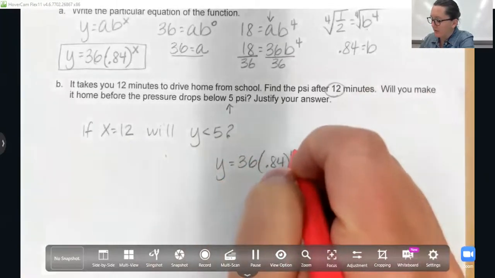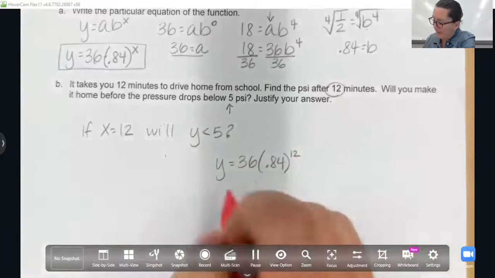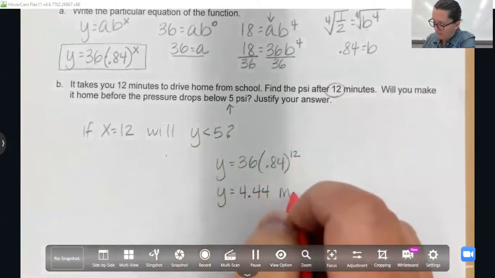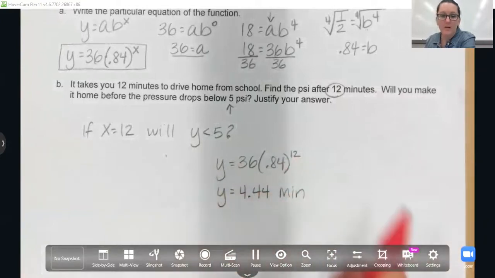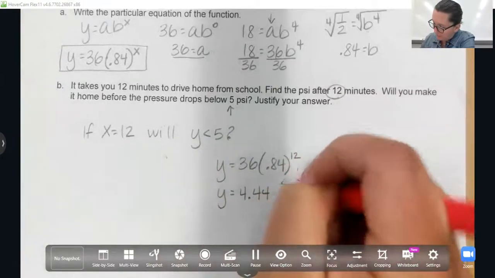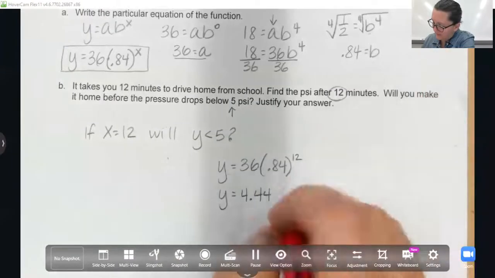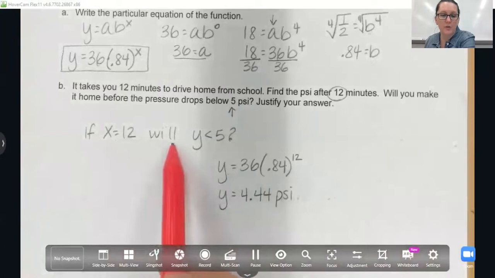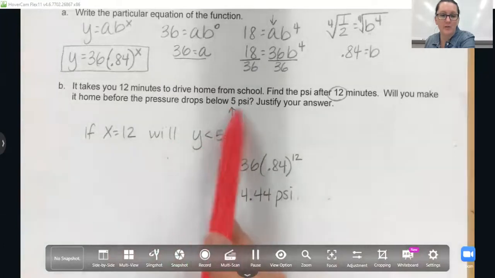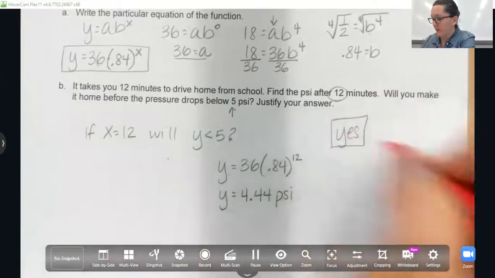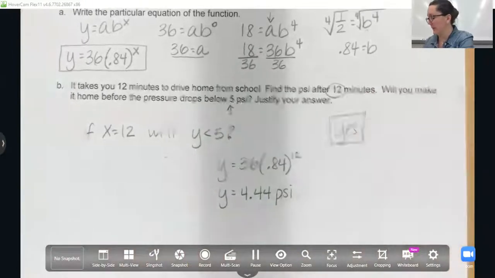And my answer for y is 4.44. Oh, PSI, not minutes. 4.44 PSI. So the question is, if x equals 12, will y be less than 5? Will it drop below 5 PSI? Yes, it will. And you're going to be flat on the side of the road at that time.